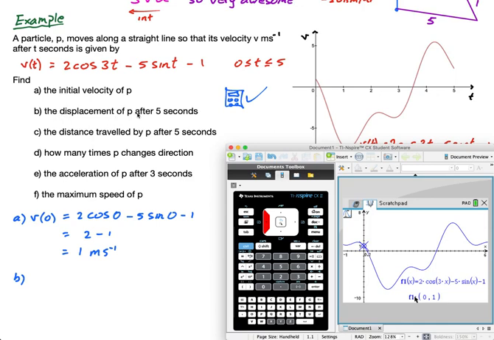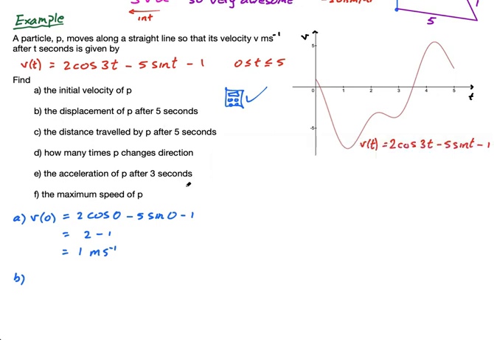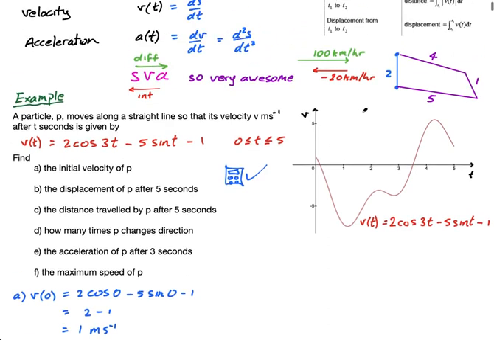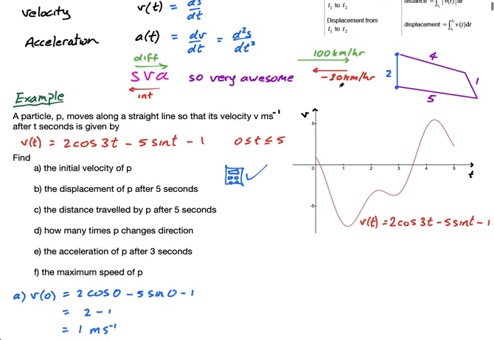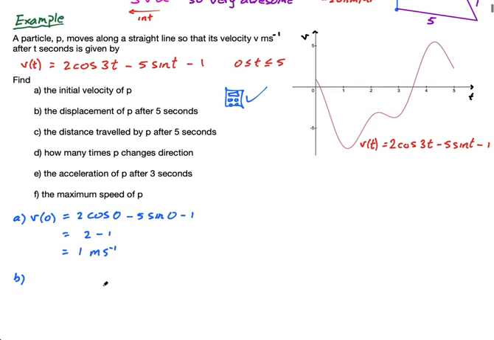Second one, the displacement of P after 5 seconds, right? Now if we go to this formula, the displacement is the integral of the velocity. So remember I said to get from velocity to displacement, we integrate. So it's the integral from t1 to t2. t1 will be 0 and t2 will be 5.